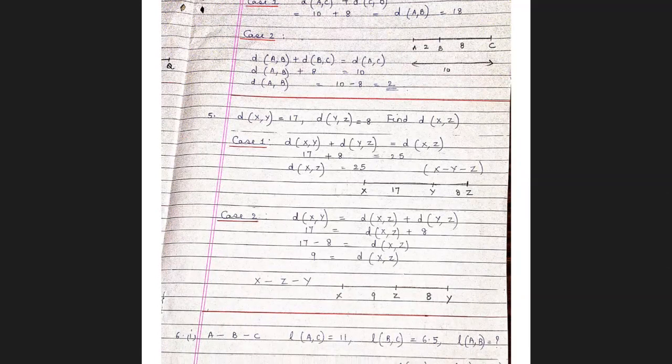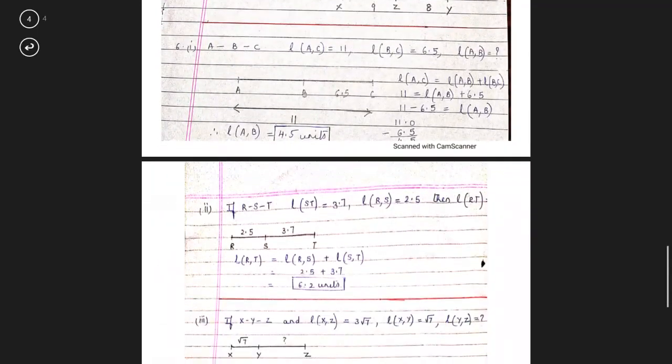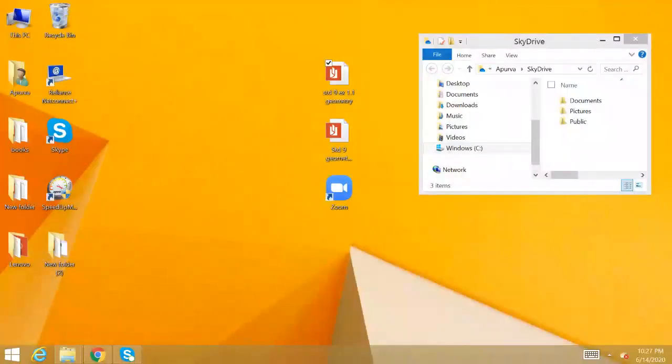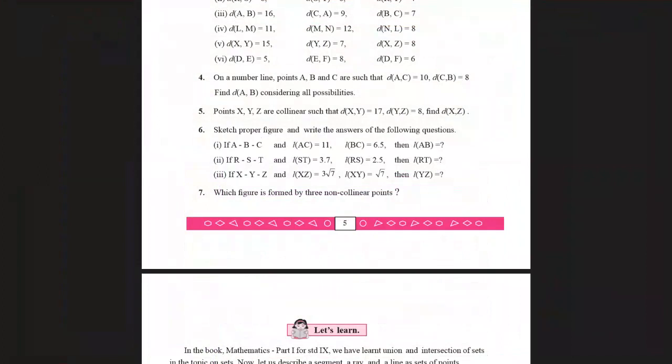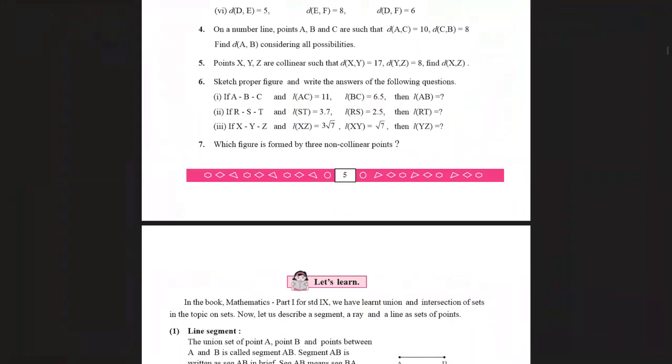Okay. So we complete question number 5. Now question number 6 is very simple. There are three questions here. Now what it says is, let's just go to the question from the textbook, read it and understand. Question number 6 is, sketch proper figure and write the answers for the following questions. First one, if A dash B dash C. It's very simple.